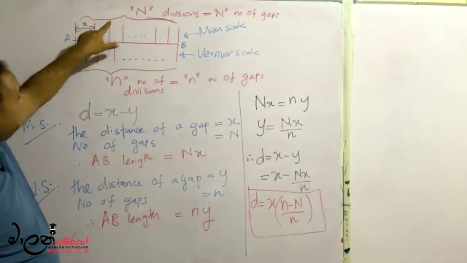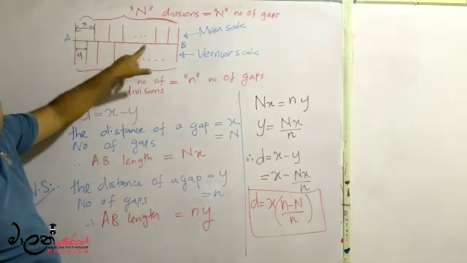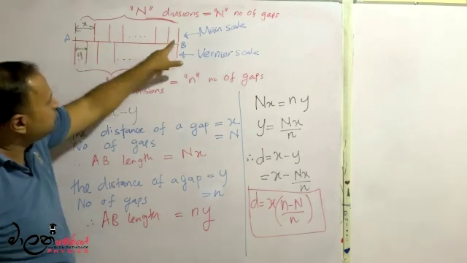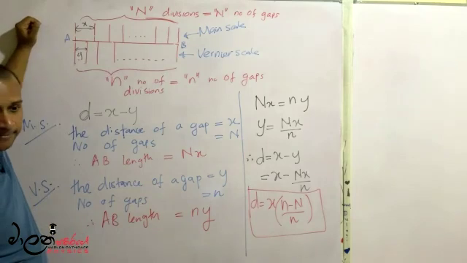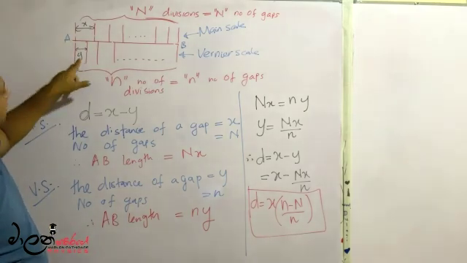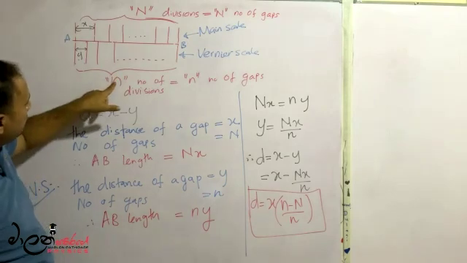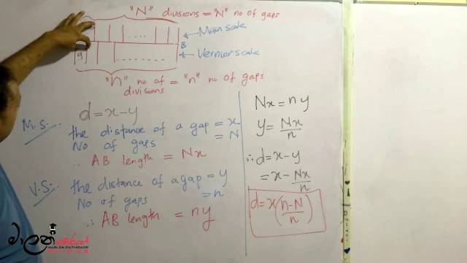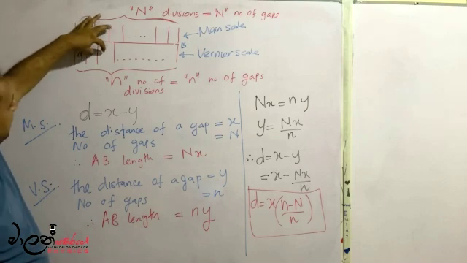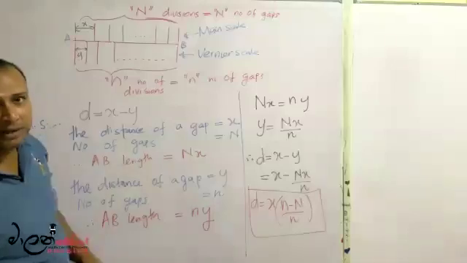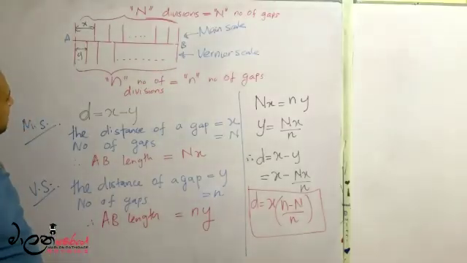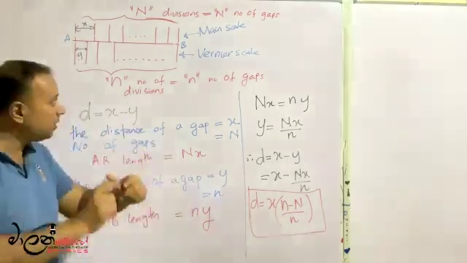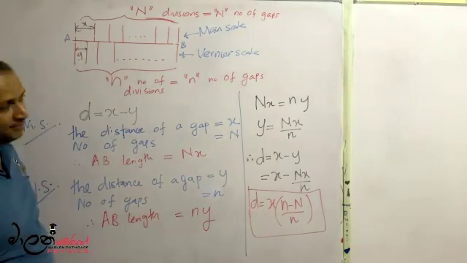There are capital N number of gaps here, so the distance is capital N x. Likewise, the distance here is simple n times y, because y is the distance of one gap. Therefore, AB is equal to simple n times y as well as capital N times x.